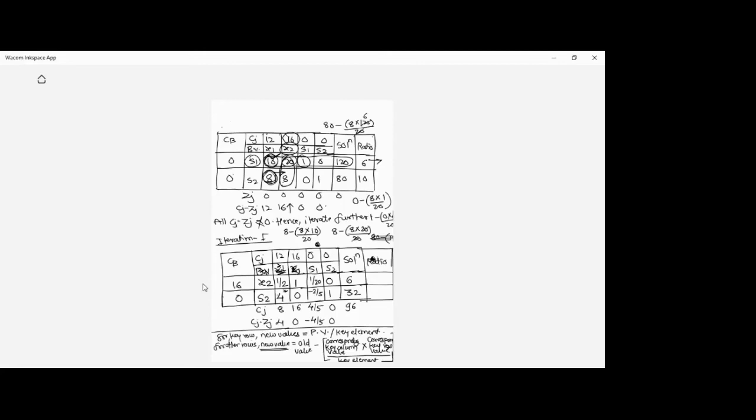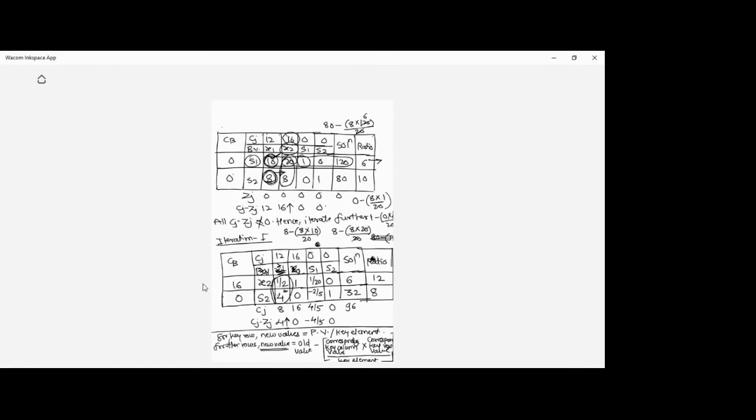For this, firstly we find out the key column. For the key column, we need to find out the maximum amongst the Cj minus Zj values. So it is this particular column, and we are going to highlight this column. Now we are going to find out the ratio. The ratio is 6 divided by 1 by 2, which is equal to 12, and 32 divided by 4 is equal to 8.